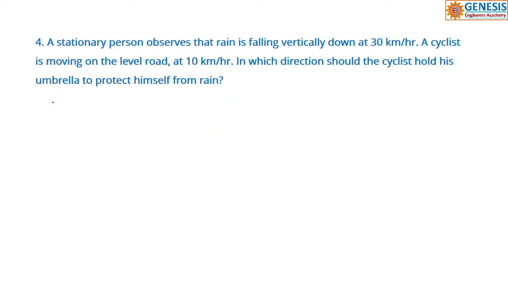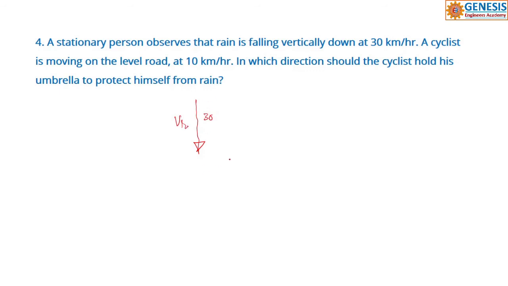A stationary person observes that rain is falling vertically downwards at 30 kilometers per hour. The person observing appears to see it vertically downwards. This is the rain, I can call it VR.